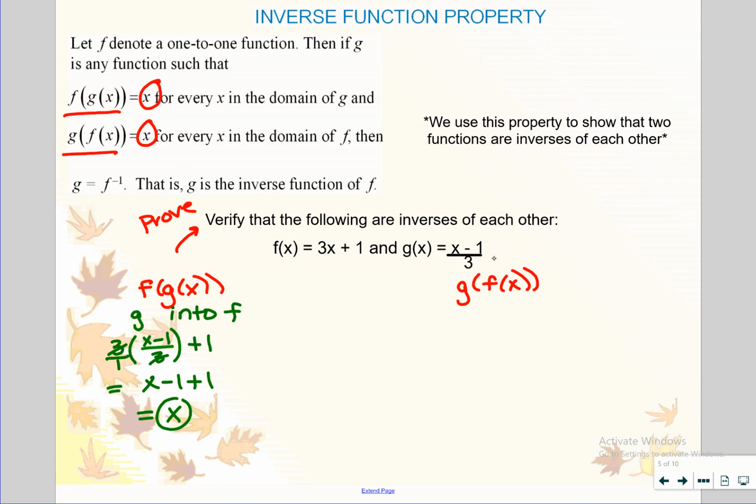This is the opposite. F into G. F into G. So that looks like 3x plus 1 minus 1 over 3. What cancels first?